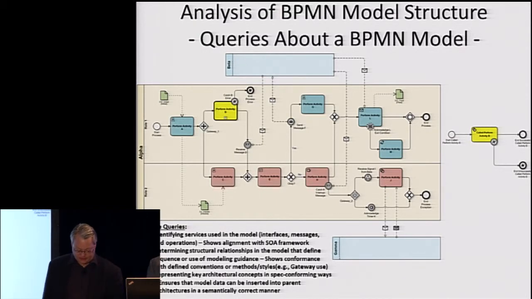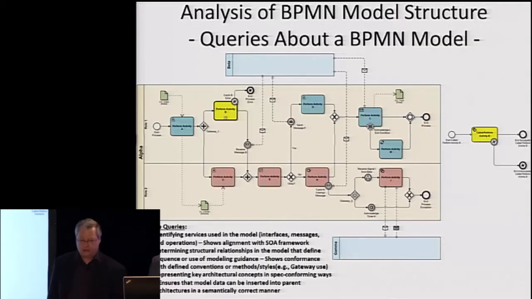For example, identifying services used in a BPMN model in terms of the task types that are actually invoking those concepts, or the events that associate with them. This will be important in the context of a SOA framework where we want to be able to insert the BPMN model into a larger governing context for services modeling.